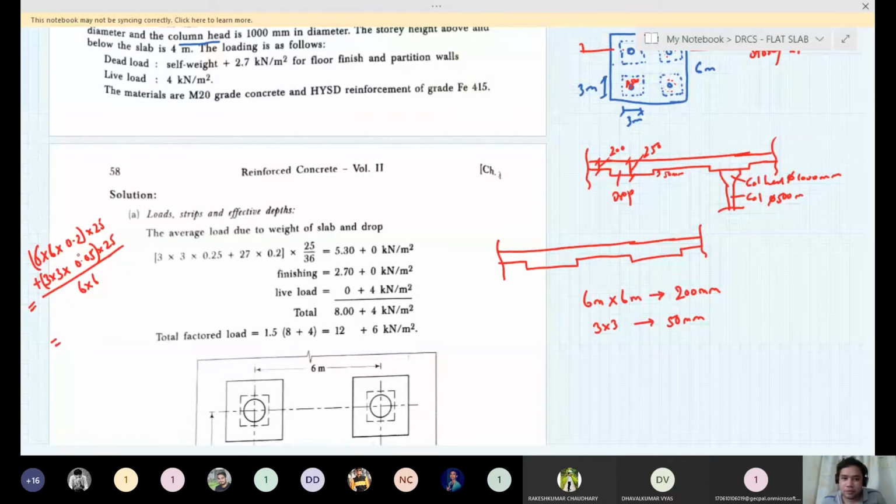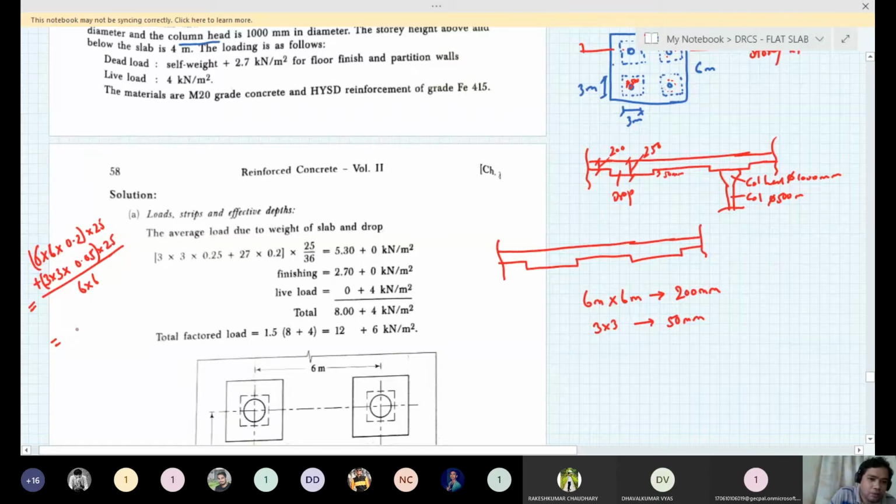So it will be 5.3125 kilonewton per meter square. Okay, this is your dead load and this is your live load. If you do it the other way, then also it will be the same.